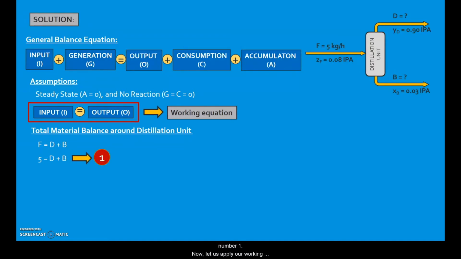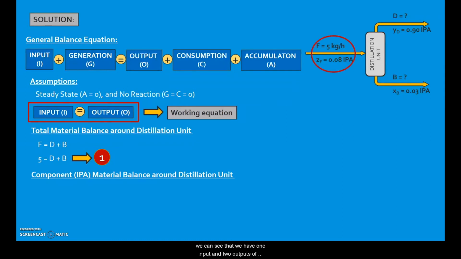Now, let us apply our working equation to one of the components of our system, the alcohol. Looking at the diagram again, we can see that we have one input and two outputs of alcohol. The amount of alcohol in each stream can be obtained by multiplying the magnitude of the stream and the mass fraction of alcohol in that stream.